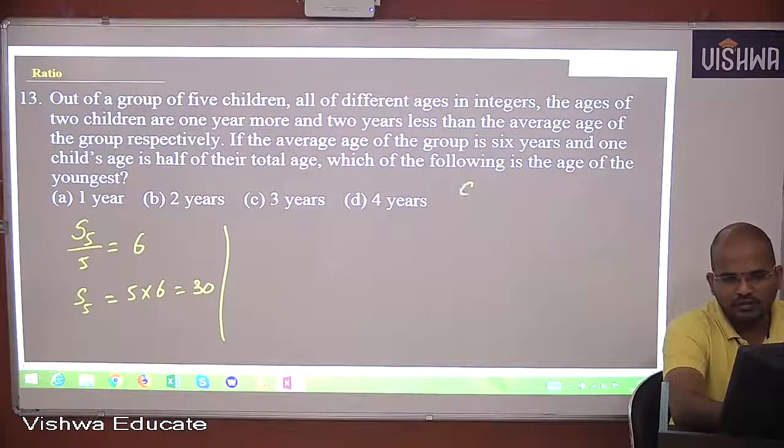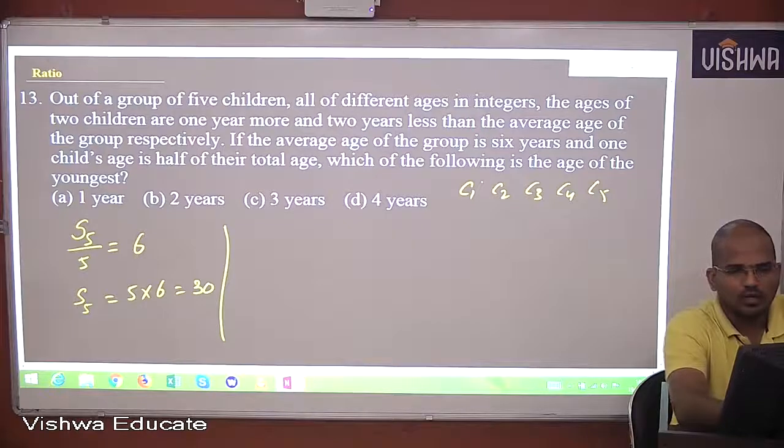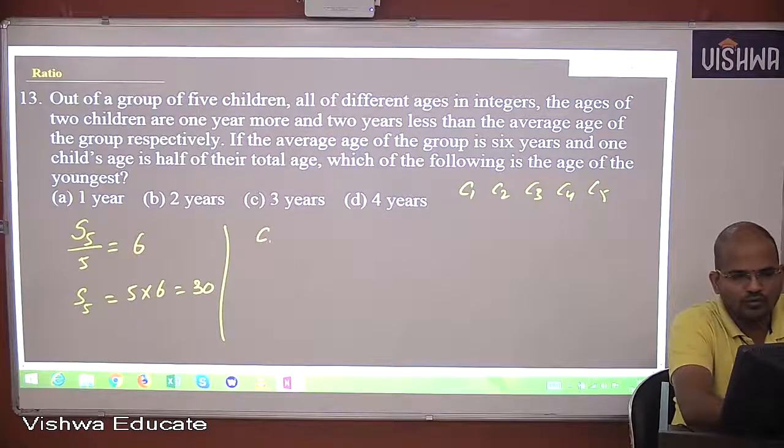There are 5 children, C1, C2, C3, C4, C5. All are of different ages. The ages of 2 children are 1 year more and 2 years less than the average age of the group.